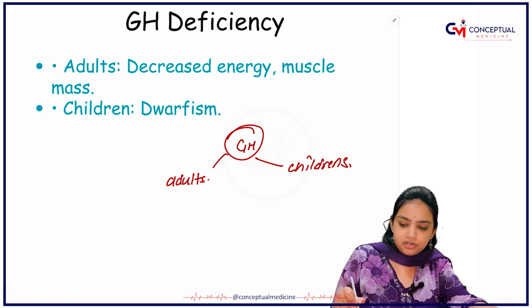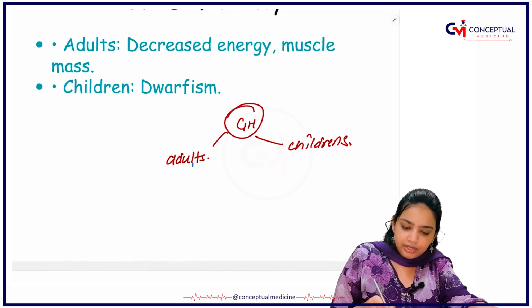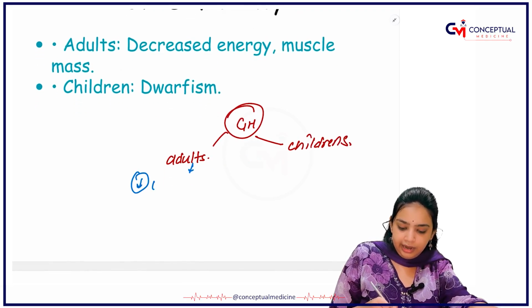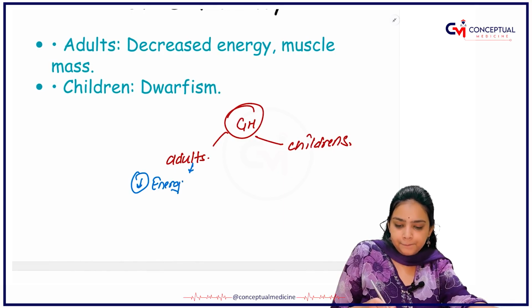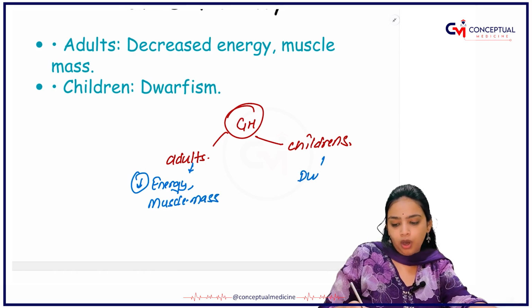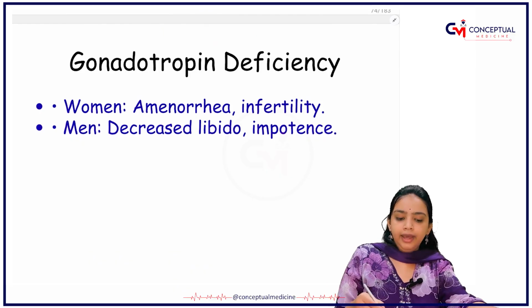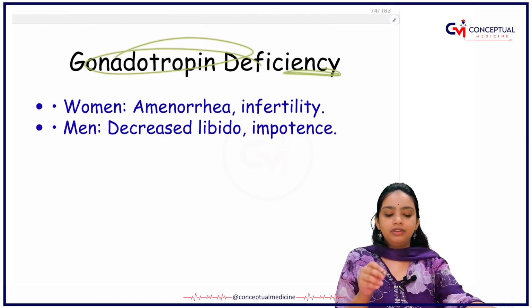In adults, there is a decrease in energy and muscle mass, but in children there is dwarfism. Okay.